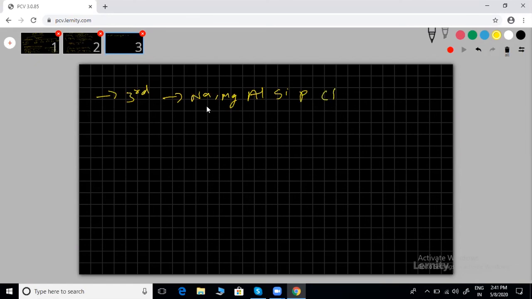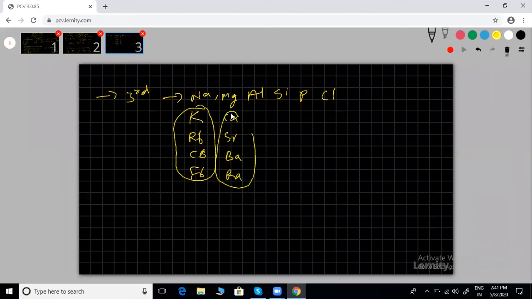The reason: the remaining elements follow the properties of sodium, for example potassium, rubidium, cesium, francium. All these elements follow the properties of sodium. That's what we call typical elements. Similarly magnesium: calcium, strontium, barium, radium. So the remaining elements follow these elements. That's why these are typical elements.